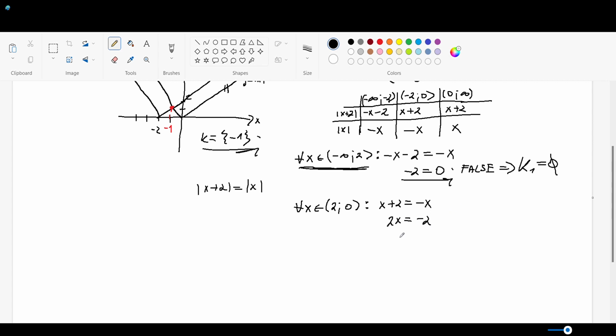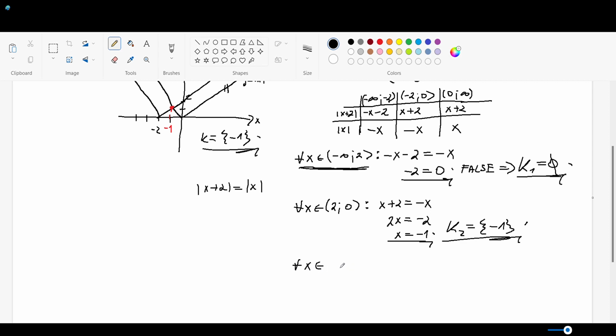This means 2x is equal to negative 2, and x is then equal to negative 1. Okay, this statement is true, everything is fine. So our second set is a one-element set, the number negative 1.